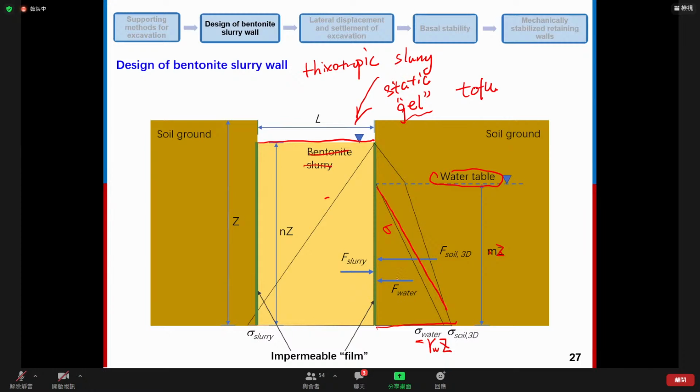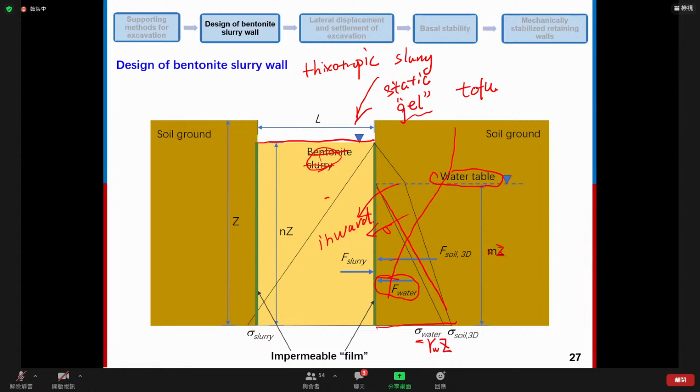And then we can also calculate the resultant force of the water. Similarly, we can calculate the earth pressure distribution behind the excavation. So if we don't have the bentonite slurry, these two forces will cause the soil to have an inward movement.